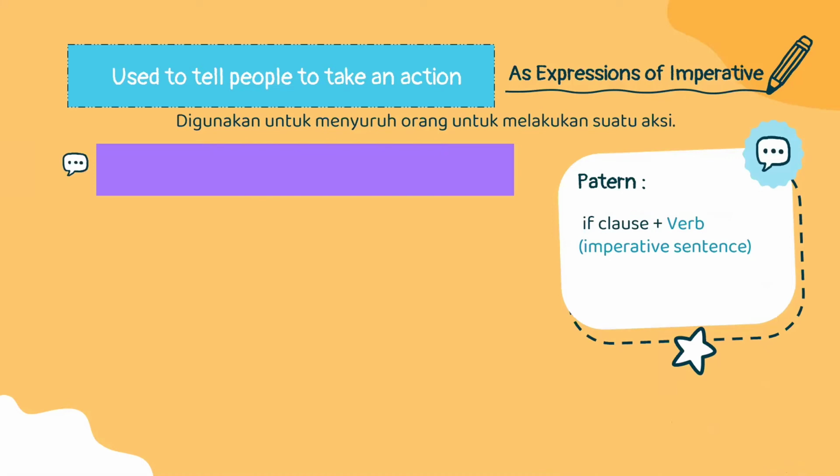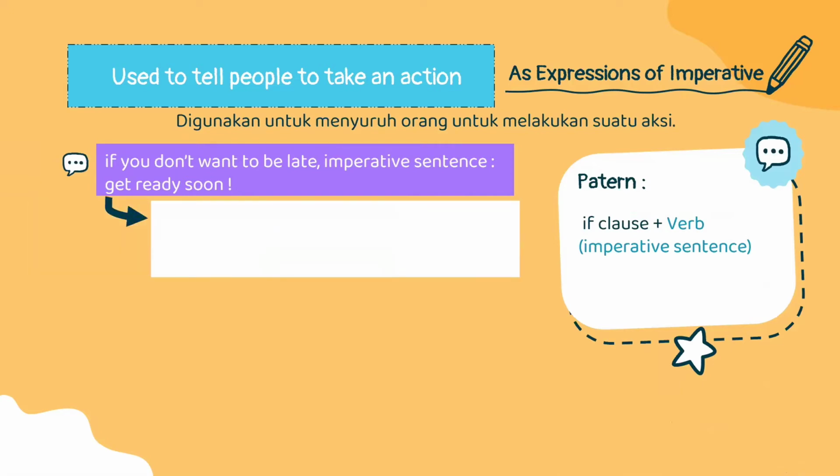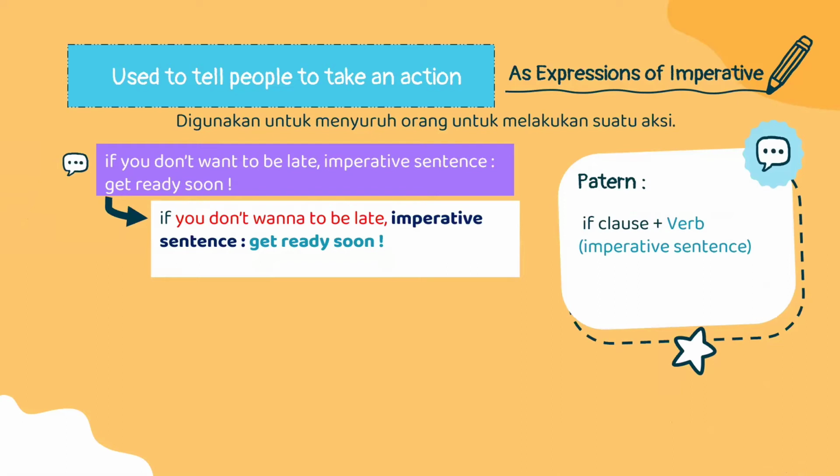Okay, example number 1. If you don't want to be late, imperative sentence, get ready soon. If you don't want to be late, if clause, and get ready soon. Verb, imperative sentence.